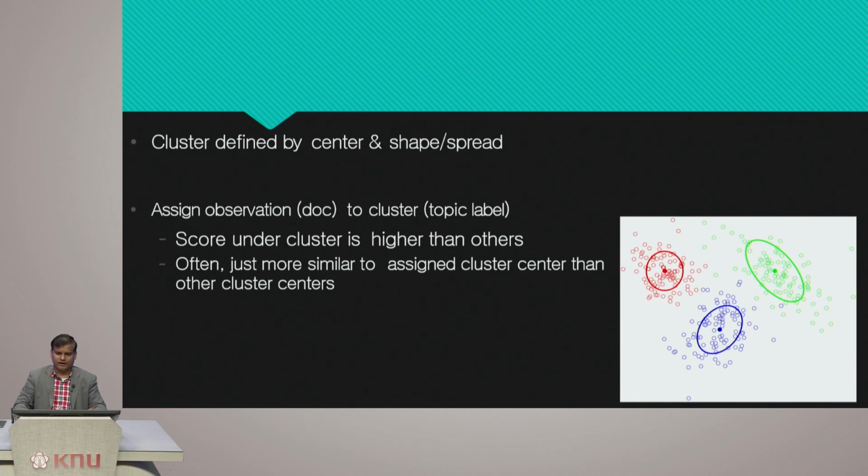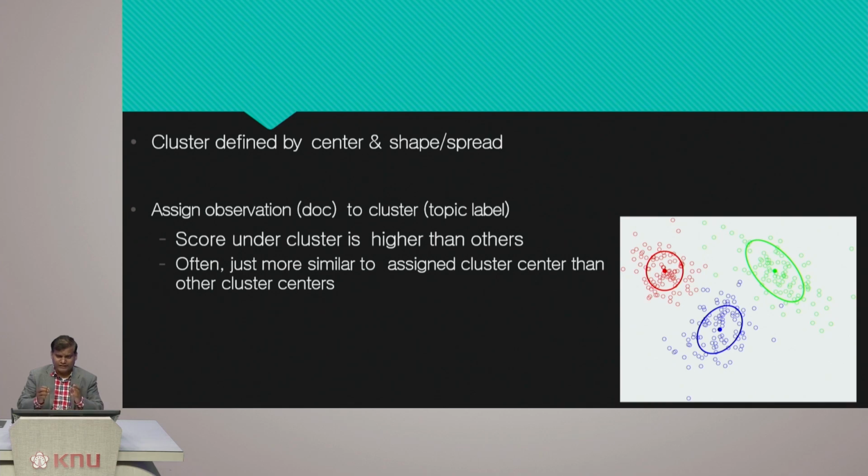Let's say you have the center of these groups, and the main important part is that all the objects that belong to a particular group, let's say group blue, should be closer to the center of this cluster. That should be the main idea. We want all the objects to be closer to the center of this blue cluster.